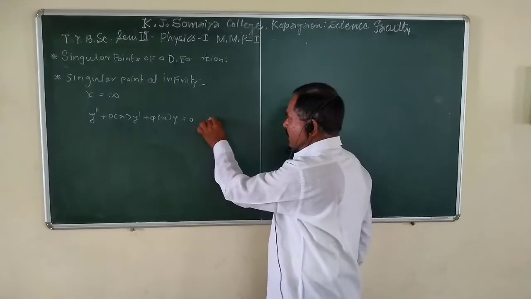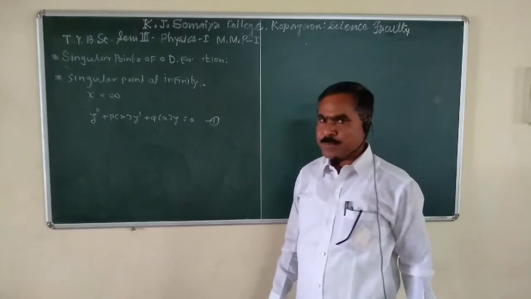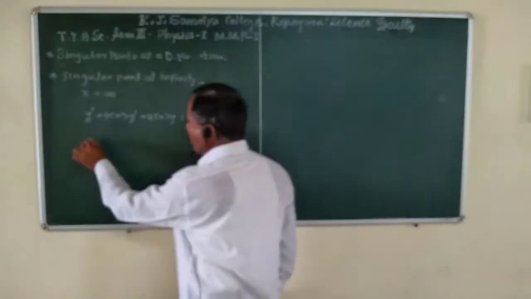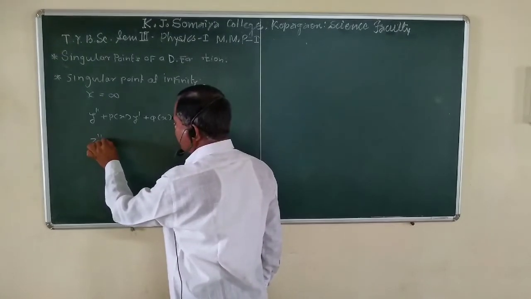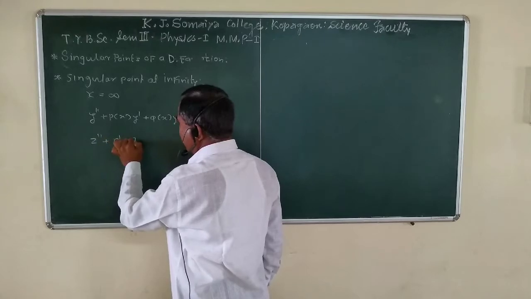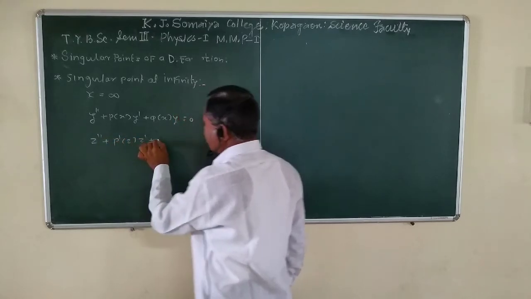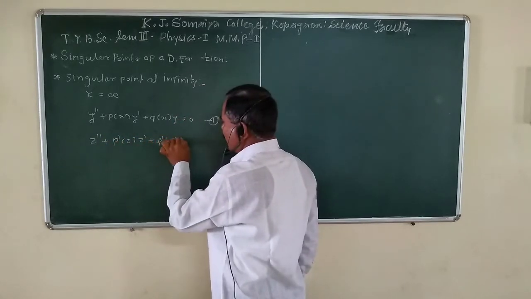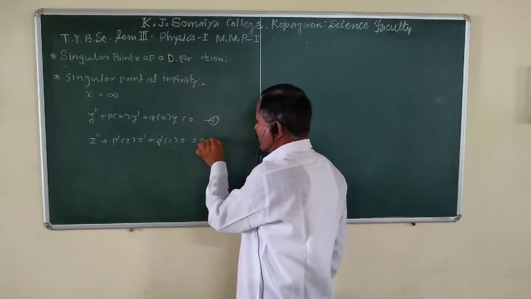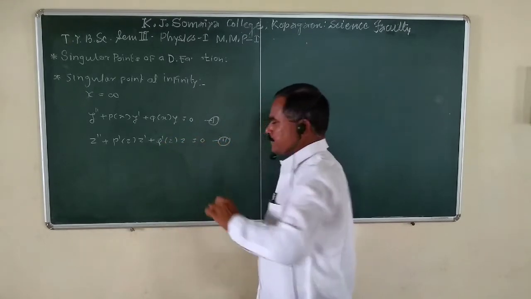We name this equation first. We have to transform this equation into z double dash plus p dash z into z dash plus q dash z into z equal to 0, named equation second.